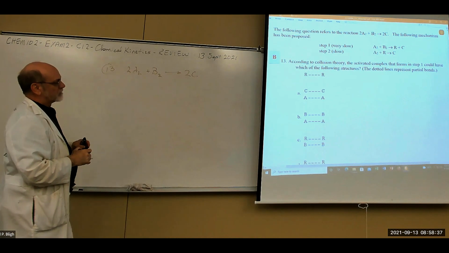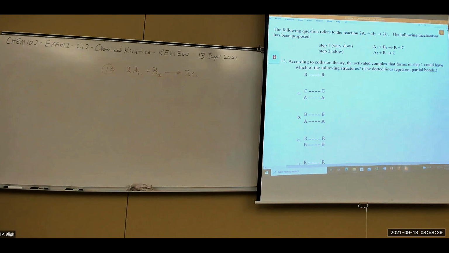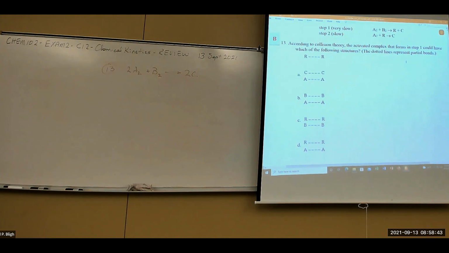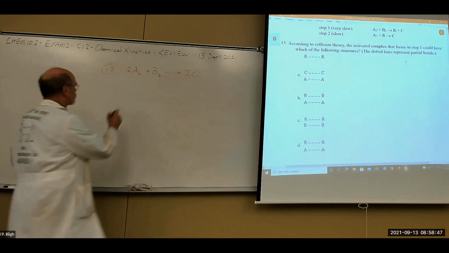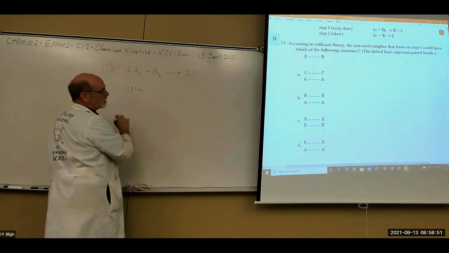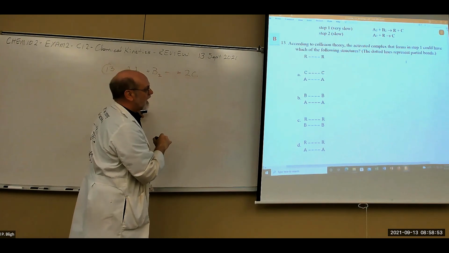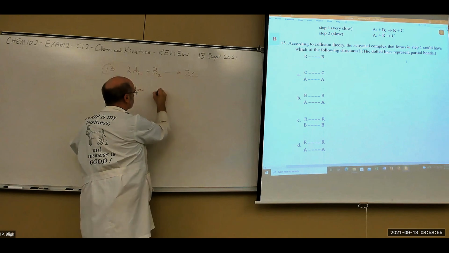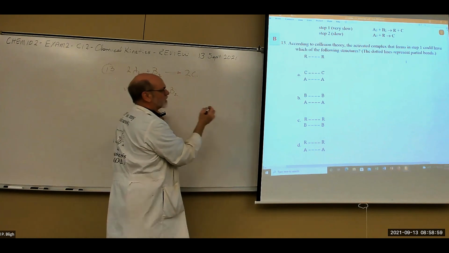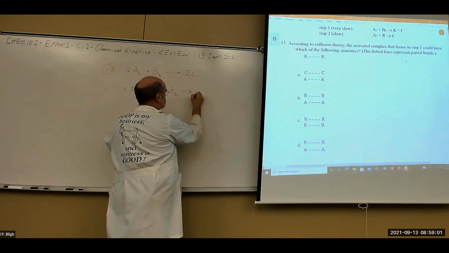And then there we go. The very slow step is this one. Very slow. This is the rate determining step. A2, B2. This one's about to crap out on too.